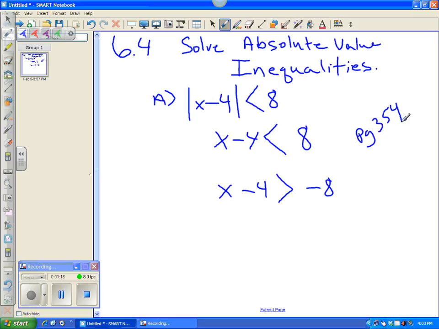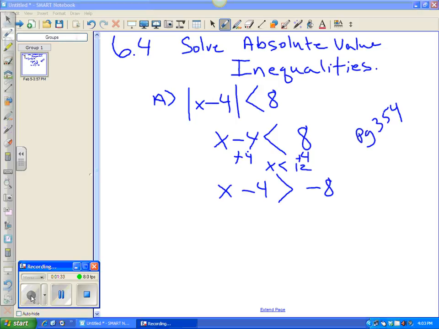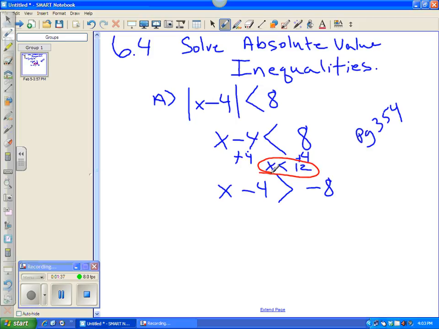So let's solve this now. Negative 4 plus 4, in order to add 4 to both sides. X is less than or equal to 12 is one answer. So let me write that answer down right here, and I'm going to make sure I circle that answer. And the next one is also plus 4, add 4 to both sides.